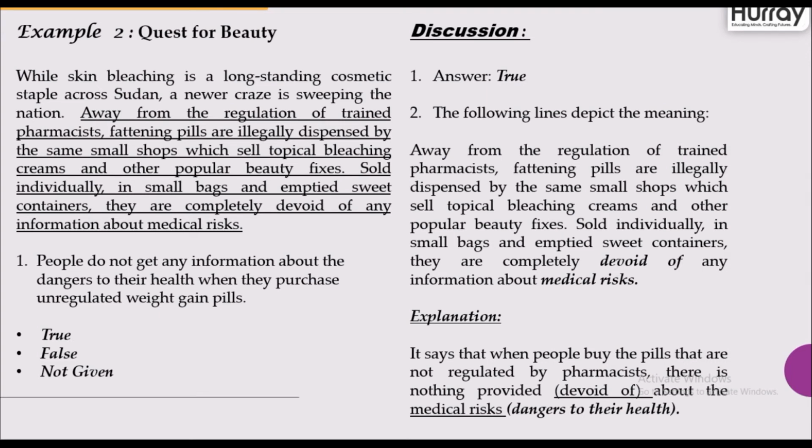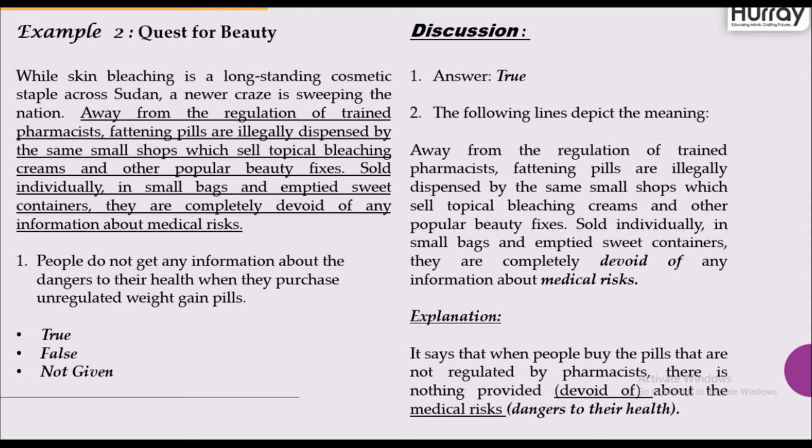These are the following lines that depict the meaning, but as you can notice, there are 2 key words here. The first one is mentioned in the second last line, and the word is "devoid." The second one is mentioned in the last line, and the words are "medical risks."